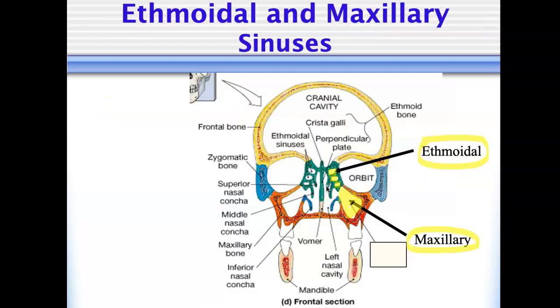So let's look at this other frontal section now. In the frontal section, remember the ethmoid bone gives you that blade above the nose and into the skull, where you had the crista galli. Here it's showing you crista galli and perpendicular plate. Lateral to that are the ethmoidal sinuses. So that headache around the eye when these get full, or the maxillary that just hurts the teeth.